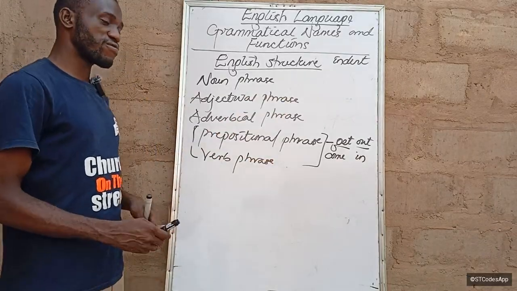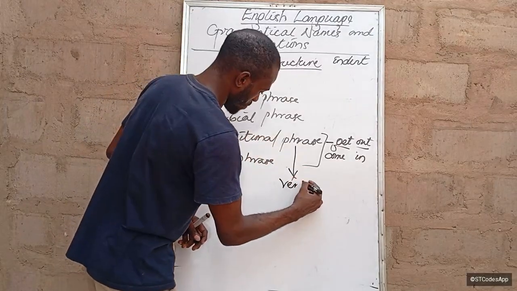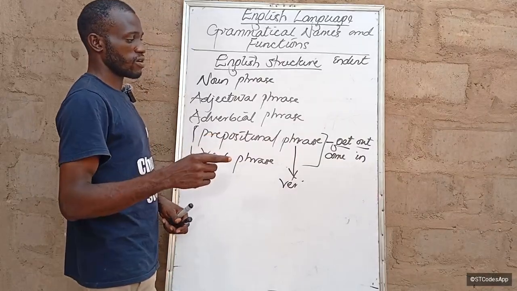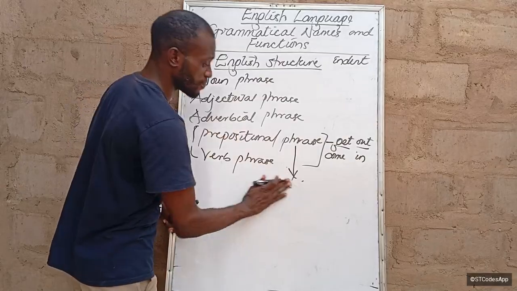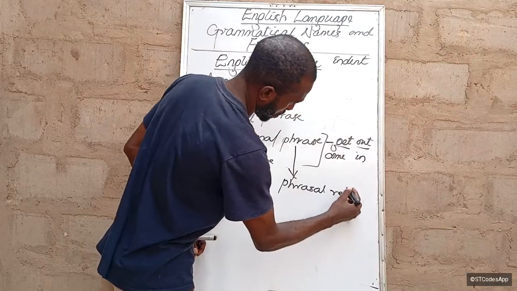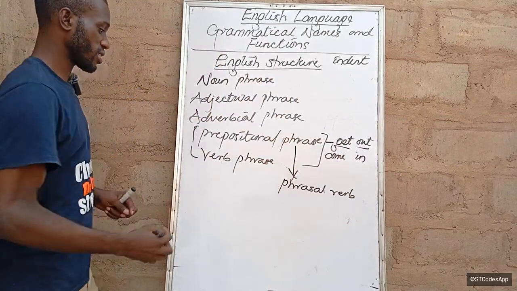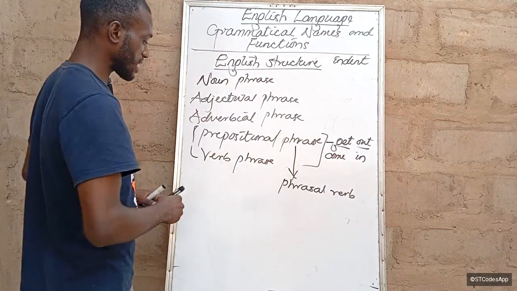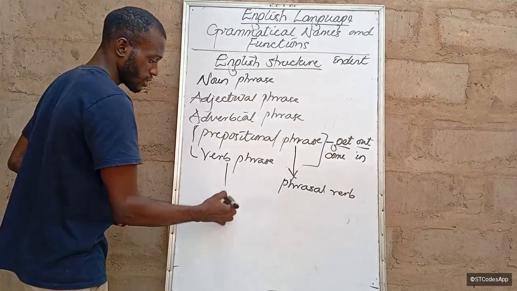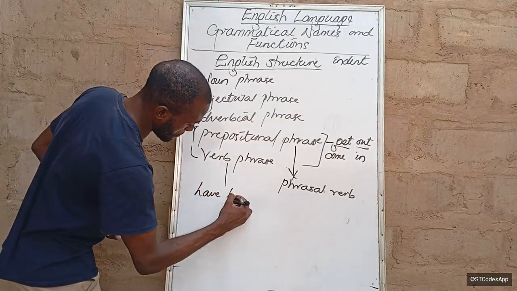How about verb phrase? Another name for prepositional phrase is phrasal verb. But verb phrase is basically when we have a cluster of verbs. For example, I have been doing this job.